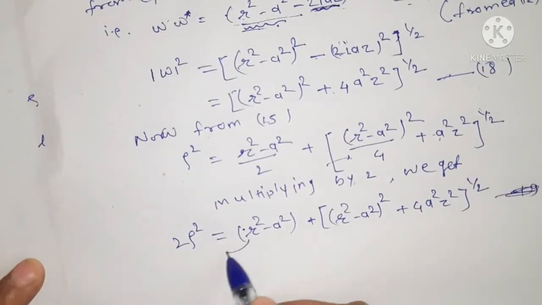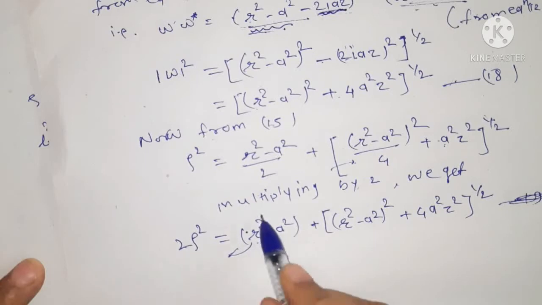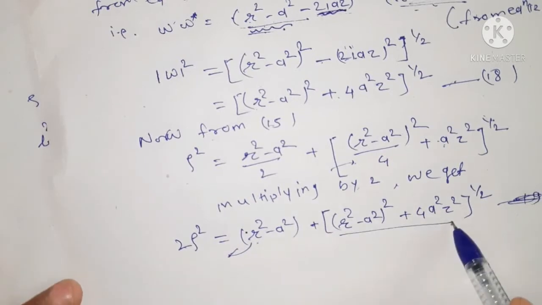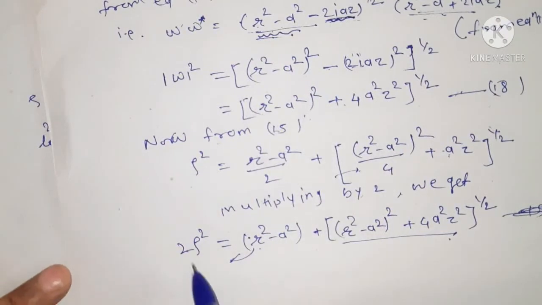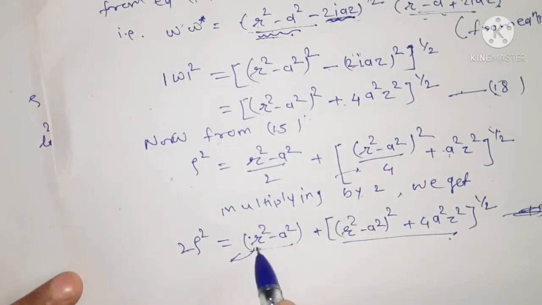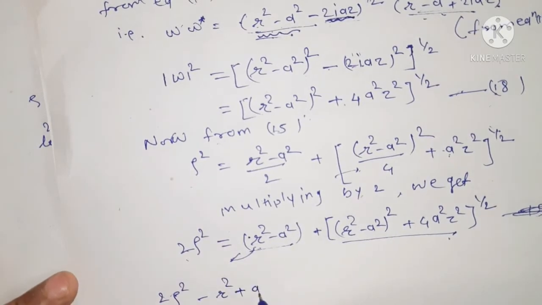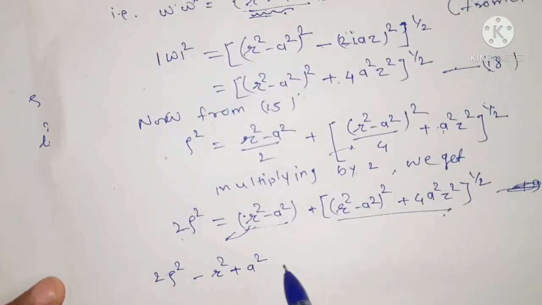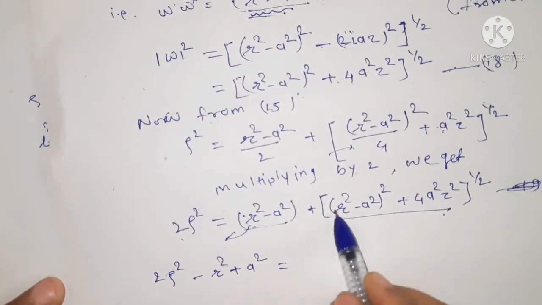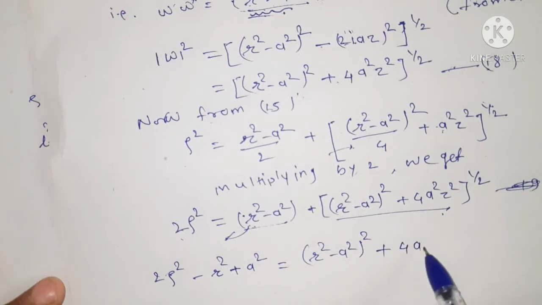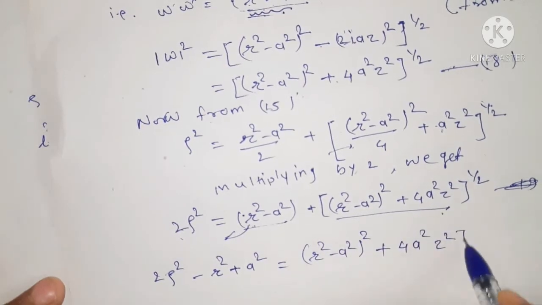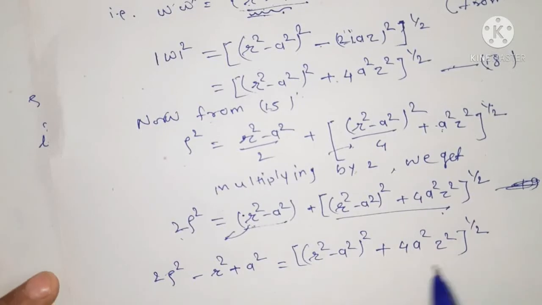We take this term, 2 rho square, and r square minus a square, because we require this term; it is present in equation 18. So we take the term r square minus a square to the left hand side. So we have 2 rho square minus r square plus a square equal to r square minus a square whole bracket square plus 4a square z square whole bracket to the power 1 upon 2.